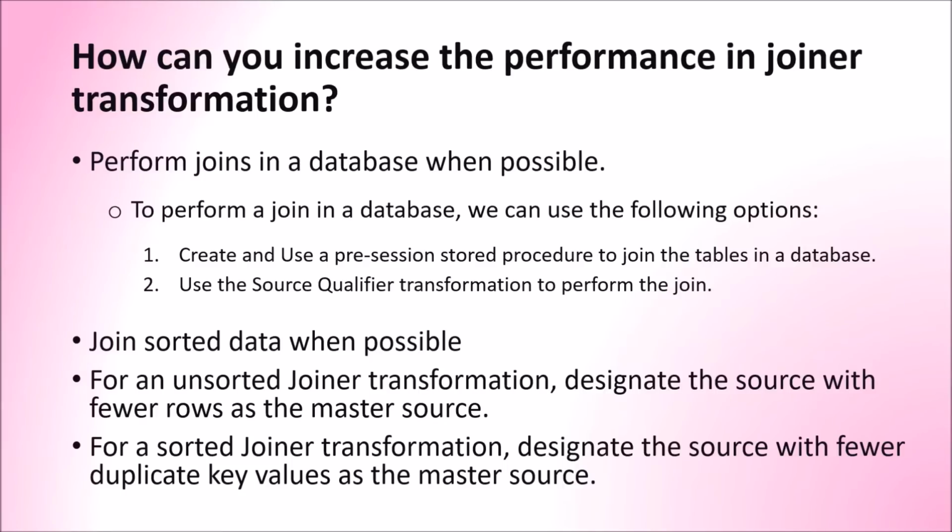Or suppose you are using a sorted joiner transformation: then you have to make the table which has fewer duplicate key values the master source. If you make that table the master source, you can improve the performance of the joiner.